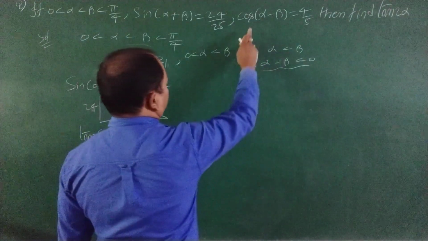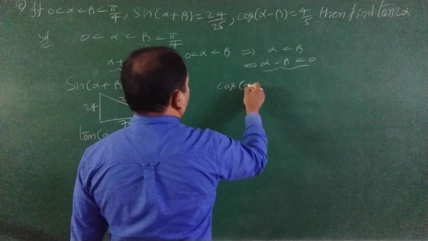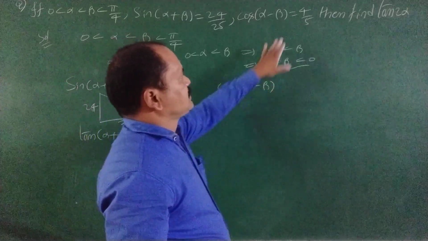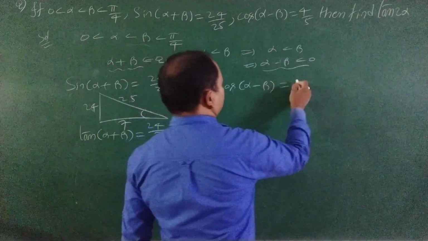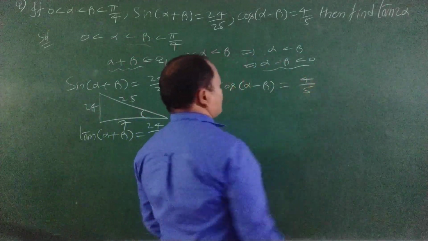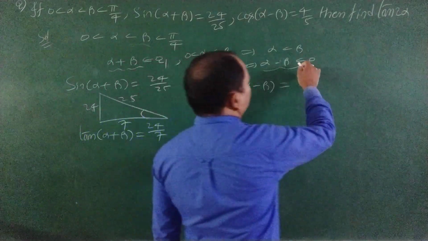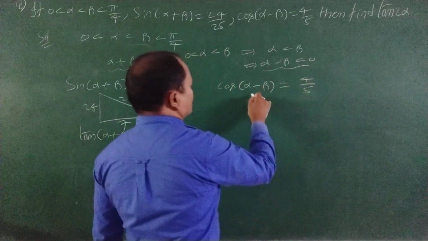What is given there? Cos(alpha - beta) is positive, given as 4/5. But alpha minus beta is negative. That means alpha minus beta belongs to Q4.